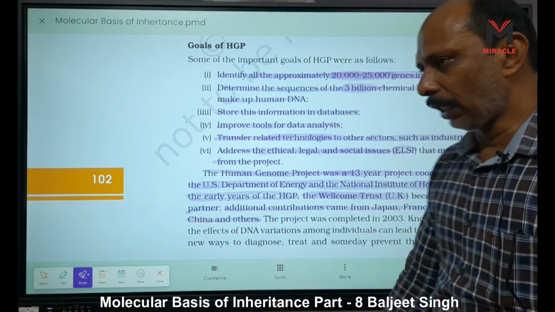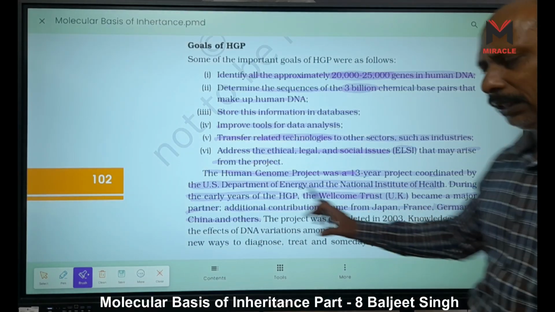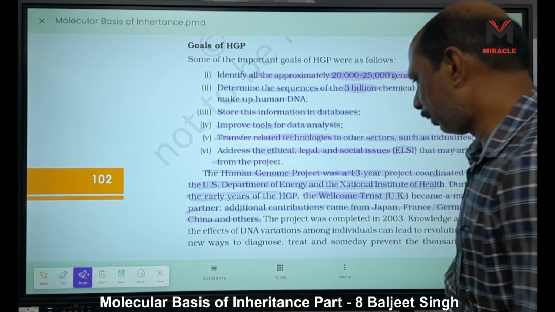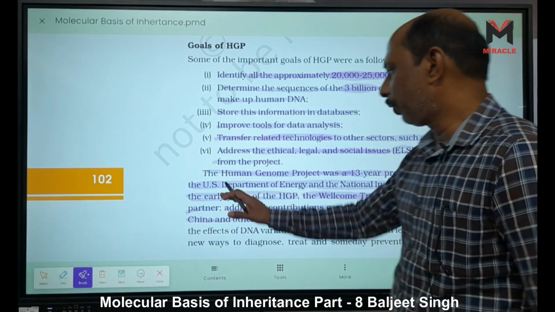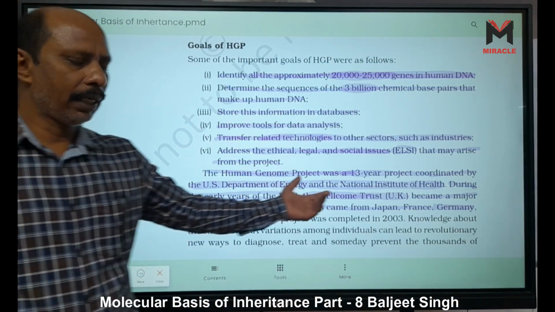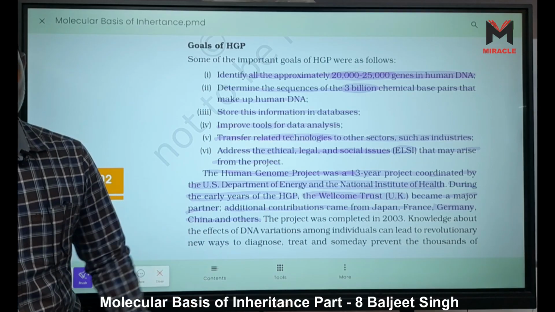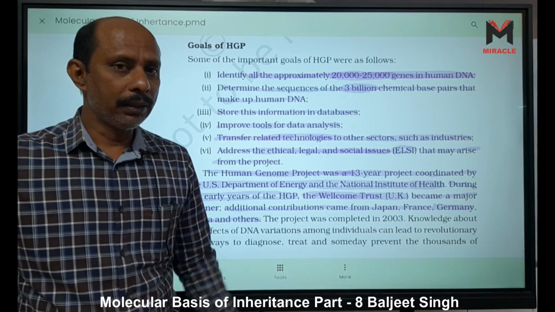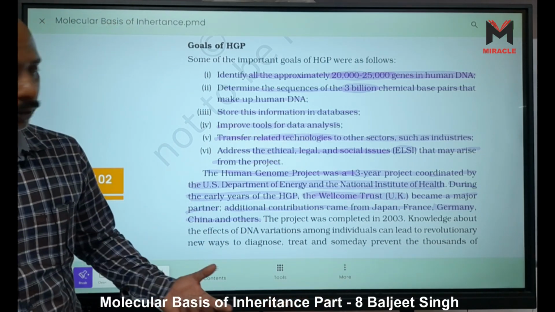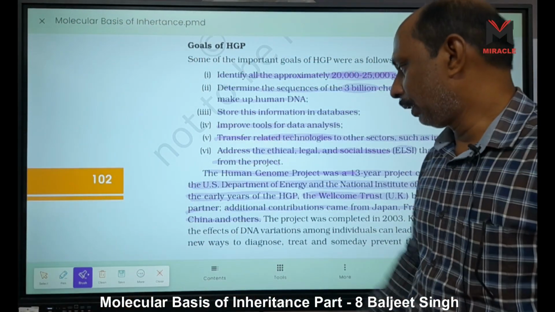So the US Department of Energy and National Institutes of Health are from the United States, then the Wellcome Trust from the UK, then Japan, France, Germany and China also came.